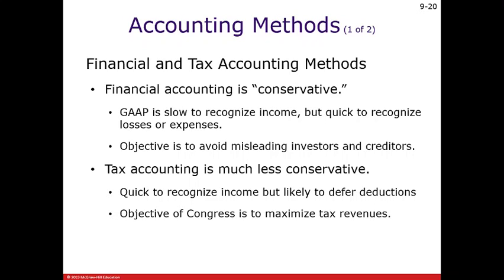When it relates to expenses, for financial accounting purposes, you want to put off expenses as long as possible, whereas taxpayers are motivated for tax purposes to accelerate expenses. Well, the IRS knows that, and so that's why they have specific rules concerning how specific types of income and expenses are treated.